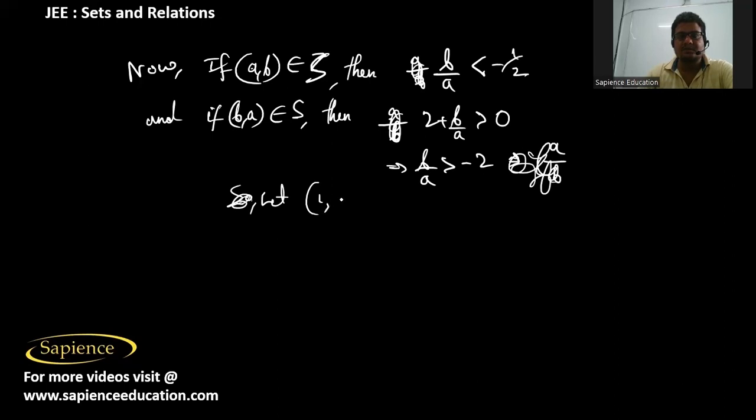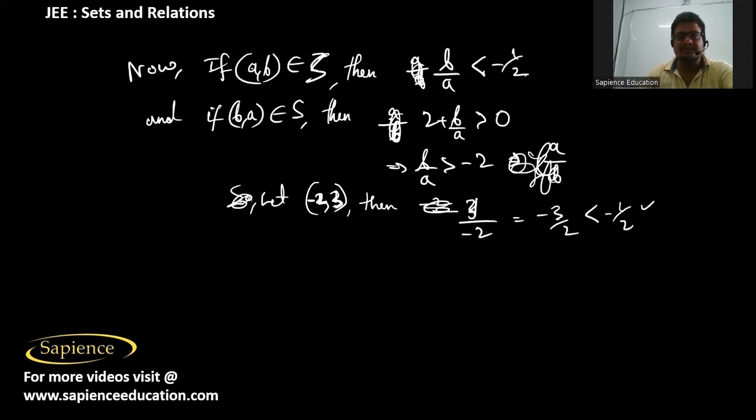Let's say we take (A, B) as, suppose, minus 2 comma 3, then 3 by minus 2 is equal to minus 3 by 2, which is obviously less than minus half.